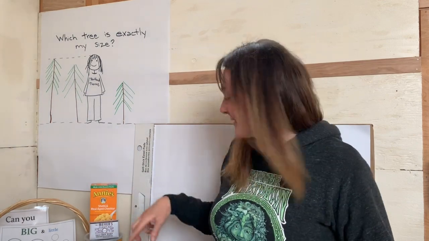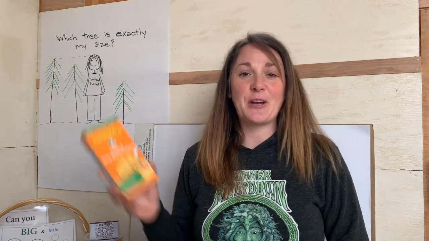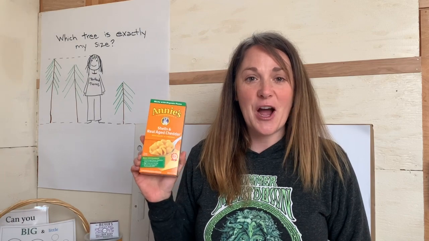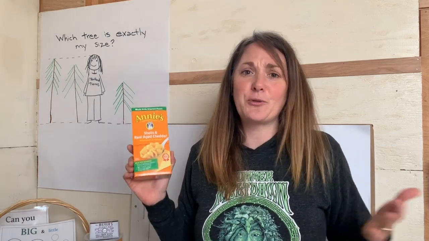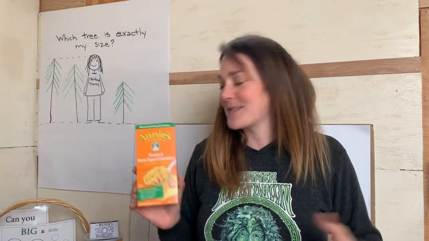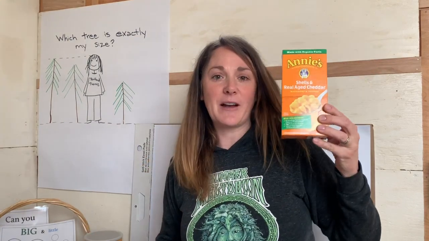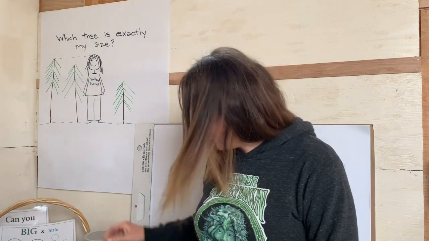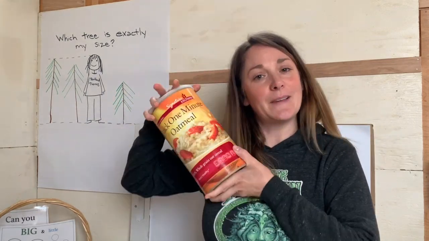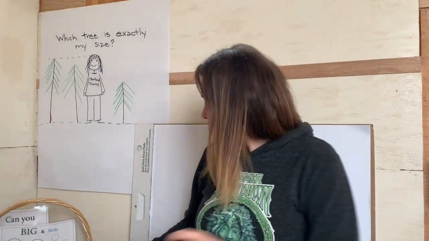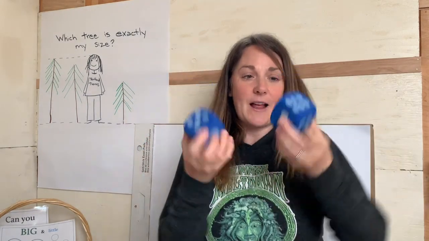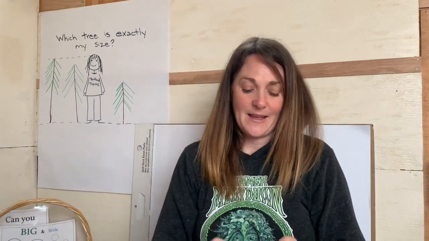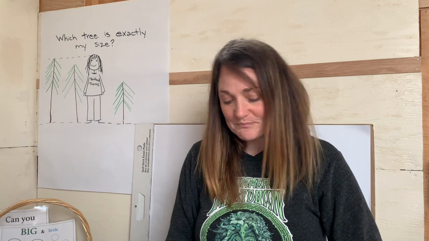When you came to school today, near our discovery area, you probably saw some items that usually aren't in our classroom. So I had this box of Annie's mac and cheese, a bar of soap, some oatmeal, our classroom dice, and a smaller version of that.